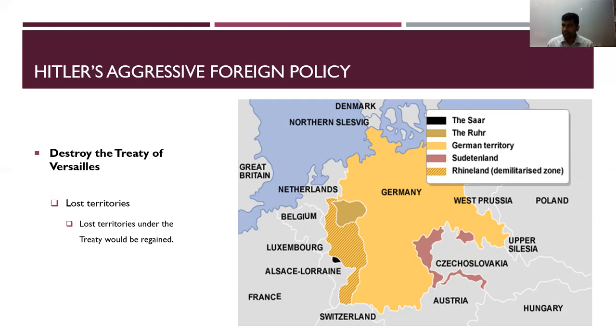So if you look at the map, you can see where Sudetenland was. This was very significant, because if you're Czechoslovakia, you're a newly created country. Sudetenland is a land that is heavily populated by German speakers.